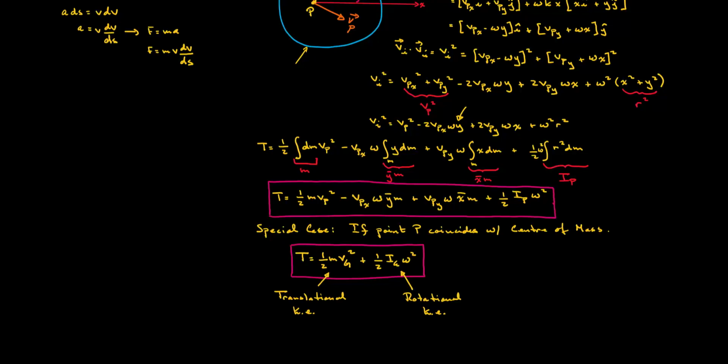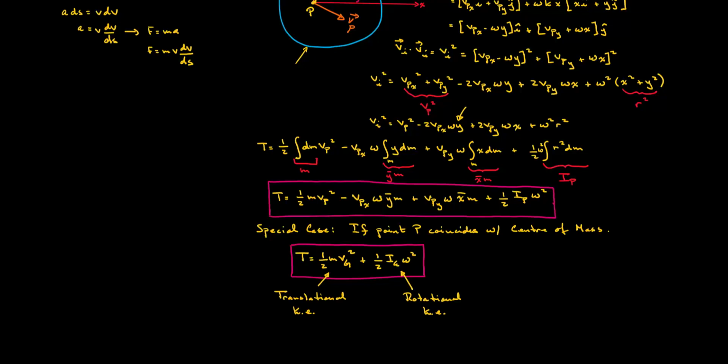Hopefully you see that there is an analogy between the translational kinetic energy and the rotational kinetic energy. They are both of very similar forms. The squared terms are velocity terms. One is a linear velocity and one is a rotational or angular velocity. They both have the multiplier of 1/2 in front of each term.